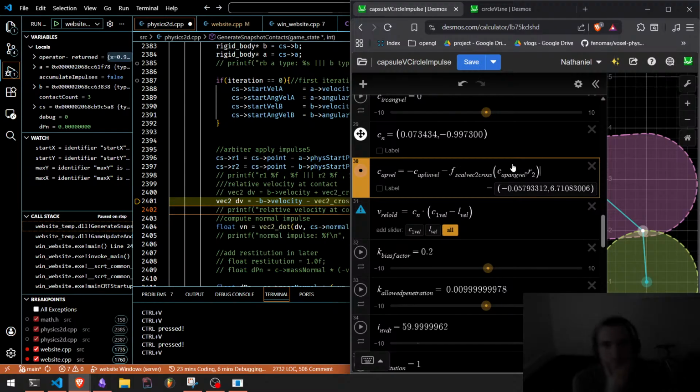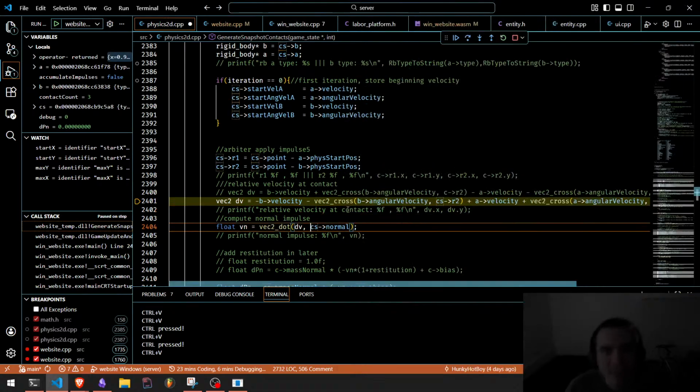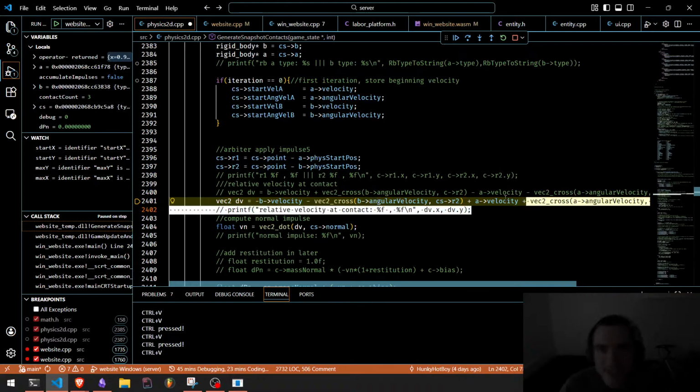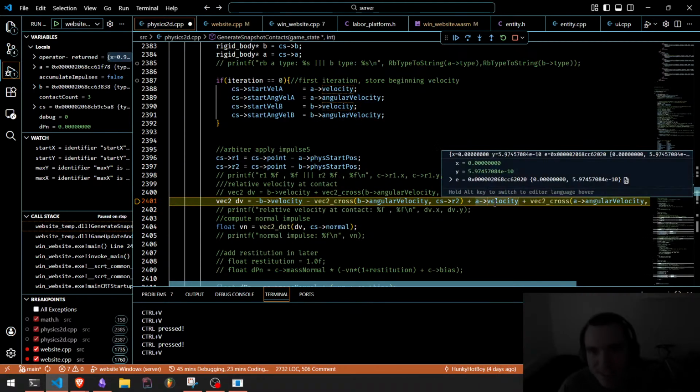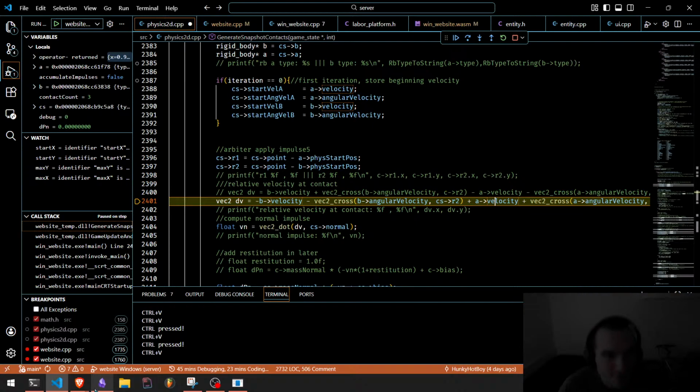And so the cap velocity, the y is positive, so that probably isn't right. That's probably a clue. But anyway, let's just do the same thing for the circle velocity. I think we have all that.